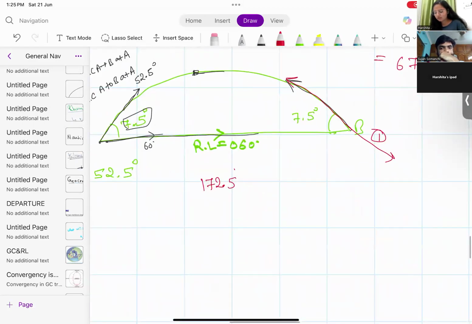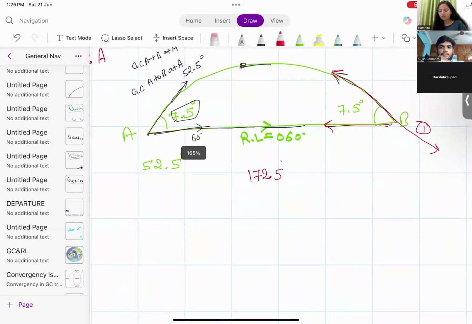Rhumb line was 060 degree. Did you find out this direction? What was this direction? 172.5.